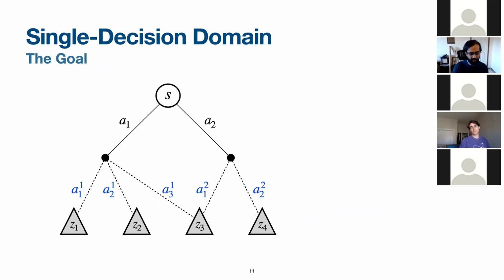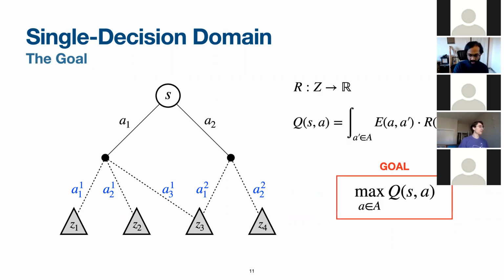Each outcome is associated with a real valued reward. The Q value of an action at a state is the expected reward achieved by that action under uncertainty in action execution. And the objective of the search algorithm is then to find the action at a state that achieves the highest Q value.